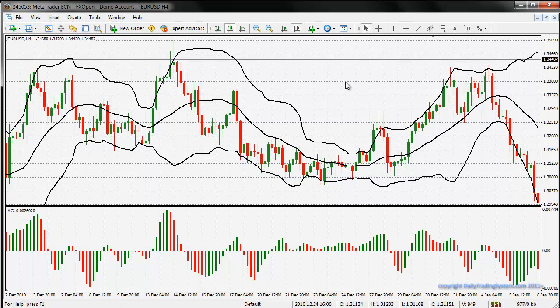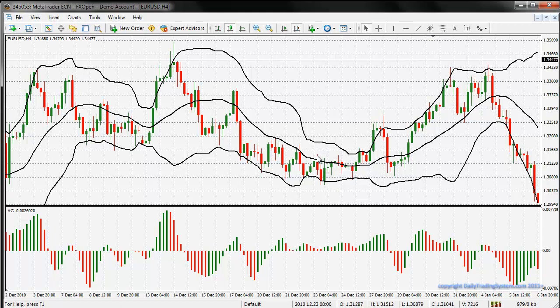Alright, so for instance, if you're familiar with the Bollinger Bands, you'll understand that when the market becomes weak, you'll see that the bands, the upper band and the lower band, start to contract, start to come close together.